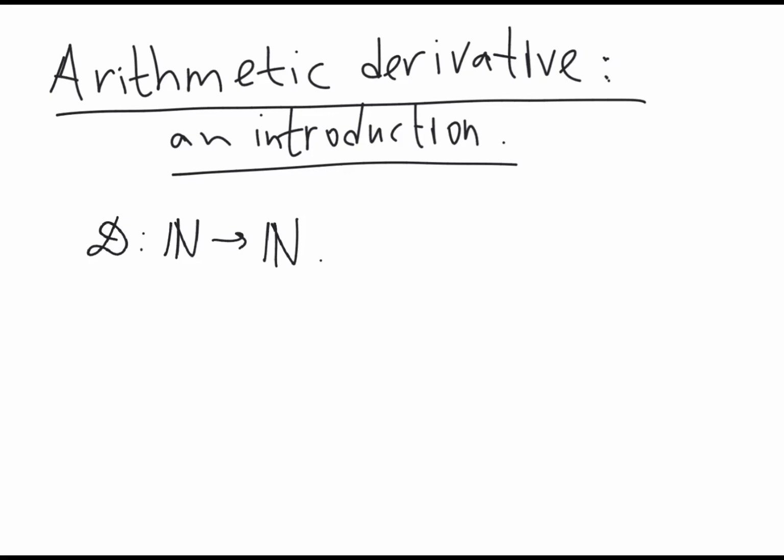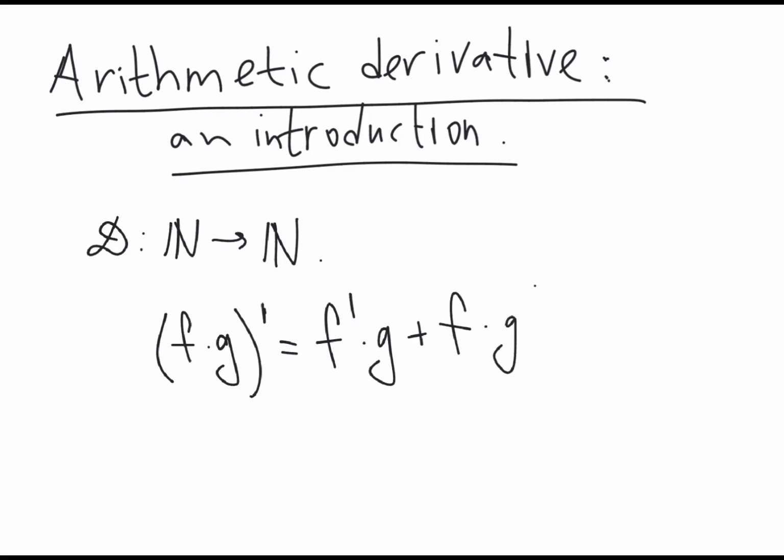So we have the product rule. This is the ordinary derivative. If we have functions f and g, then the derivative of the product of f and g is calculated as the derivative of f multiplied by g plus f multiplied by the derivative of g.